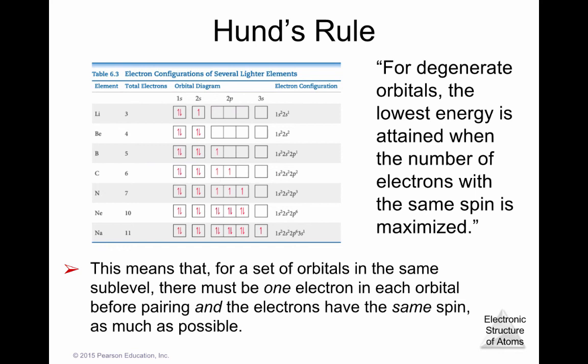Remember we called it the empty bus seat rule, because if you got onto public transportation, you're probably not going to just go and sit next to the only other person on the bus. You're going to find an empty seat to sit in. You're only going to sit next to someone if you absolutely have to, and that's similar to what these electrons do.